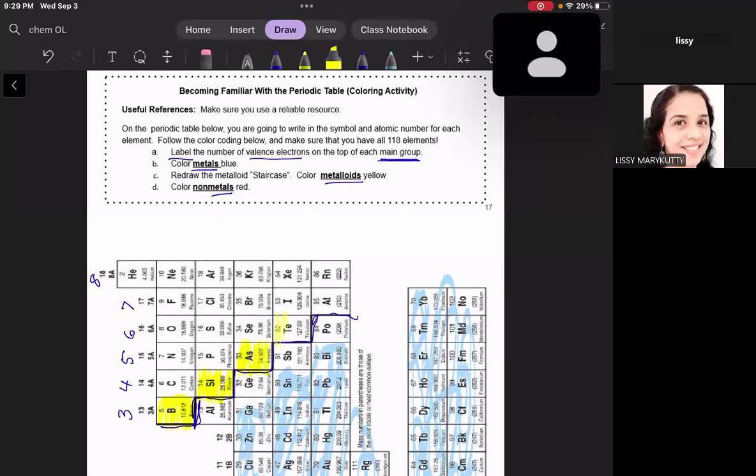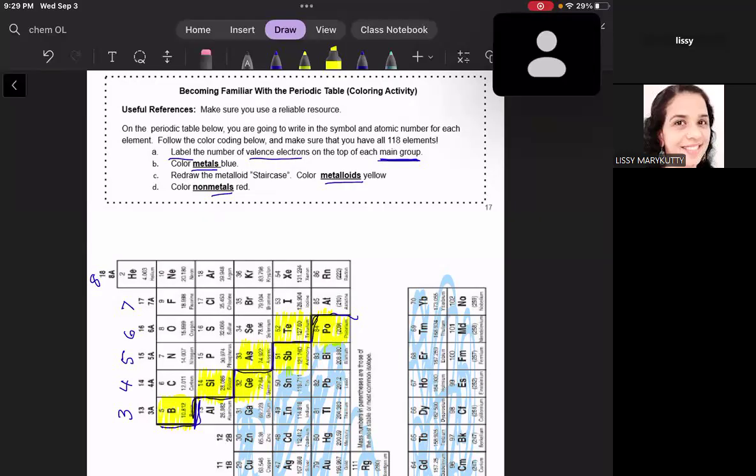Then tellurium. And you can skip the astatine, okay? And I'm skipping aluminum. Next one is germanium. Sb antimony. Then do the polonium. Polonium is radioactive. We don't need to color that, but still go ahead and do that.